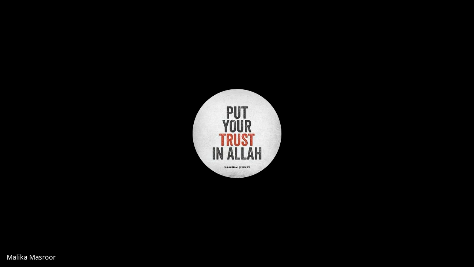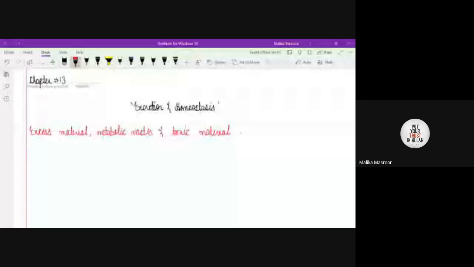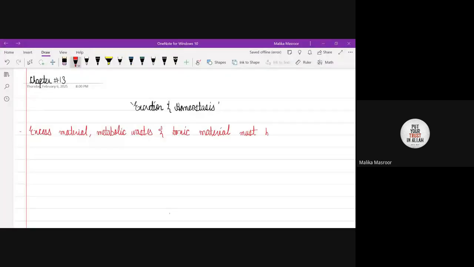Toxic material must be removed from the body. Okay, and they are removed by the process of excretion.